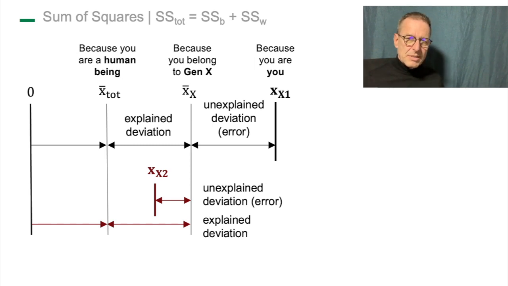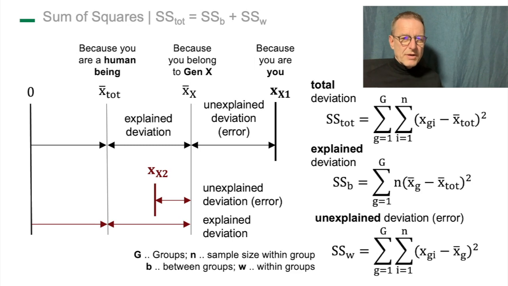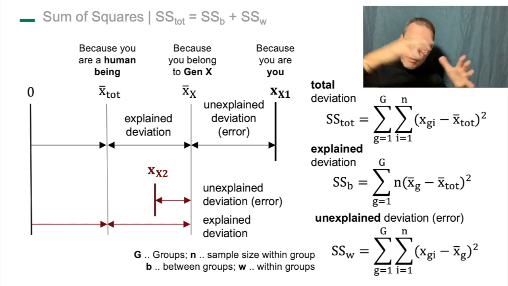That's important to see. And coming from that idea, we differentiate different variances. And we do this based on the sum of squares. I showed you in this picture the formulas for the different sums of squares. We have the total deviation. Yeah, this is how people overall differ, right?